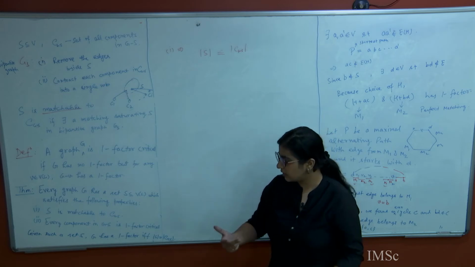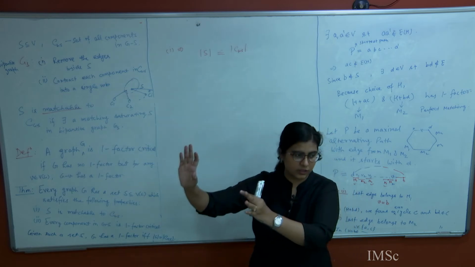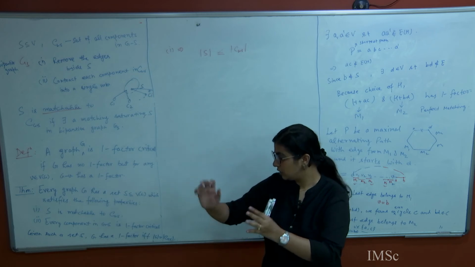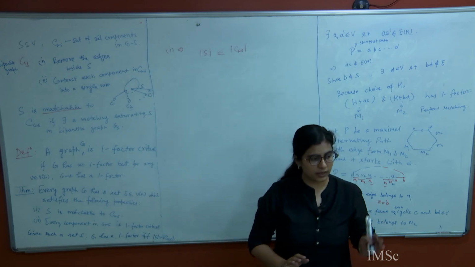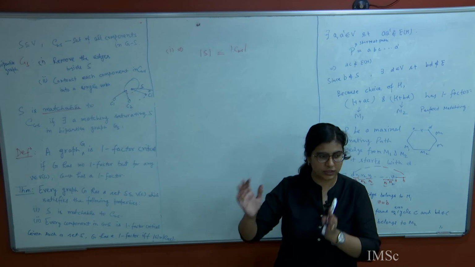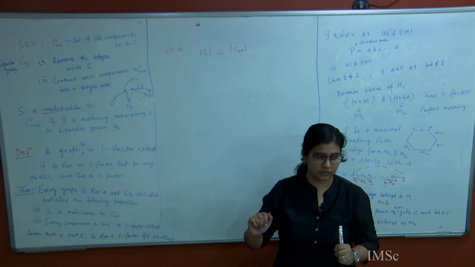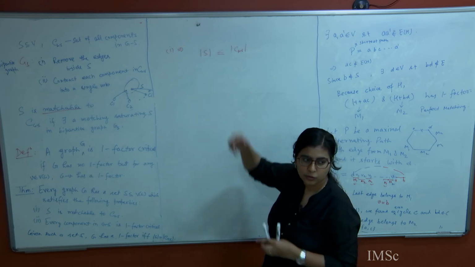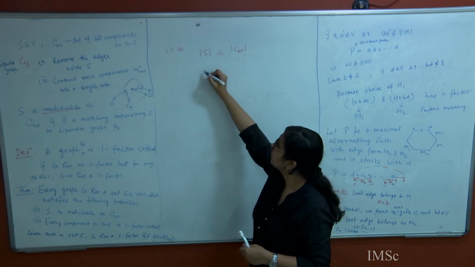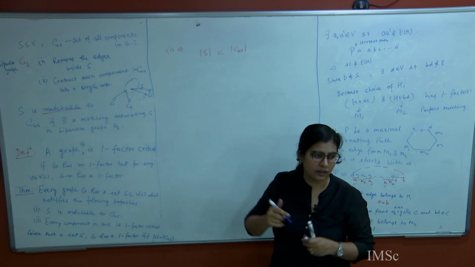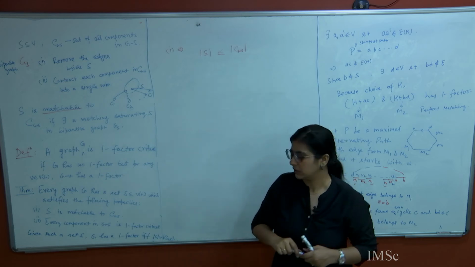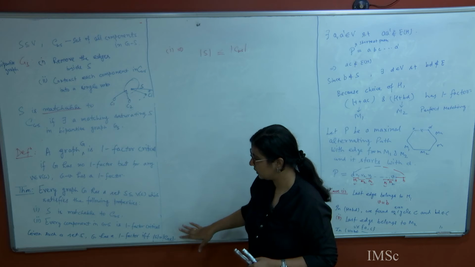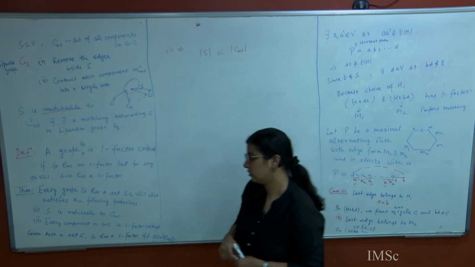And the second statement is that given such a set S, G has a one factor if and only if the cardinality of S is exactly the same as the cardinality of C(G − S). One direction holds from the first property. So, the only thing you need to show is that the cardinality of S is at least that of C(G − S). Okay. So, this is the characterization.